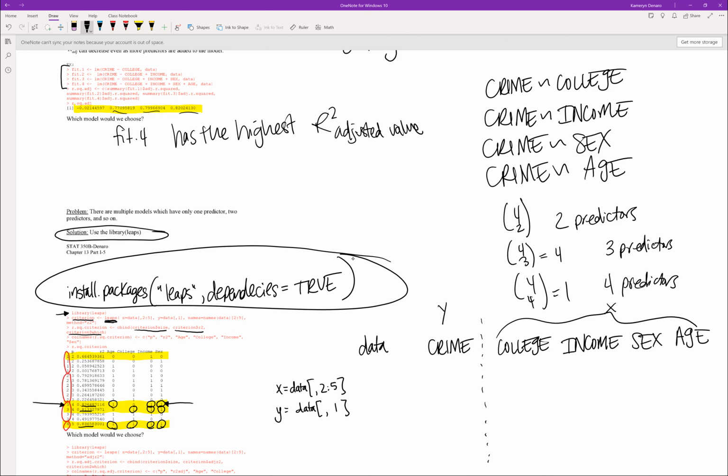So at the end of the day, I would end up choosing my final model to be crime regressed on age plus income plus sex. All right.